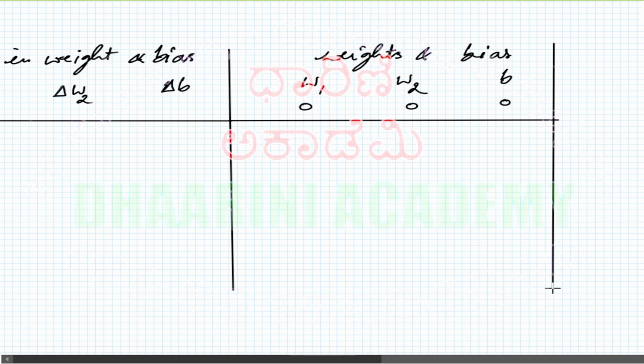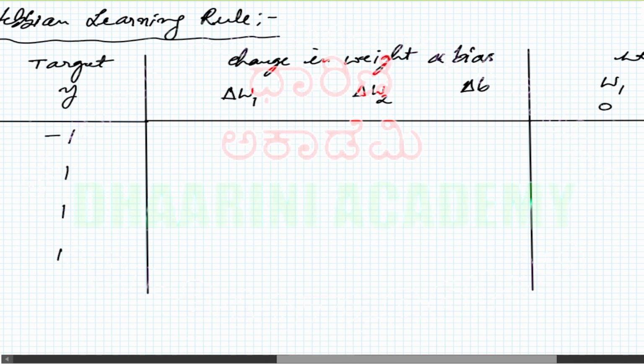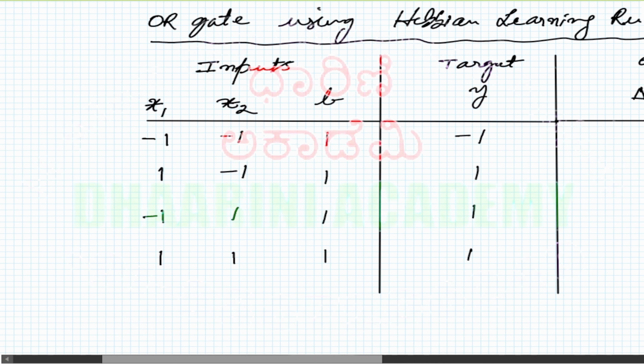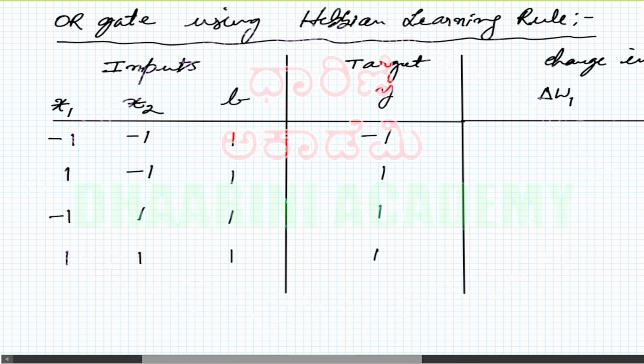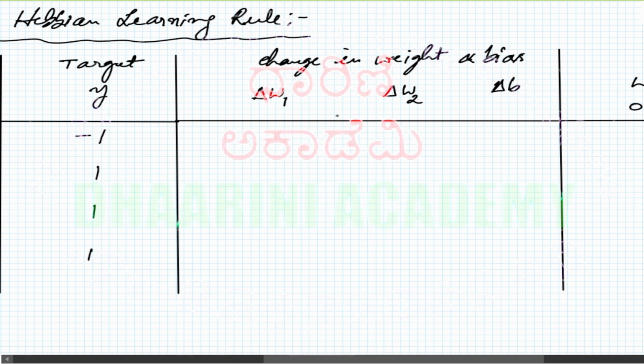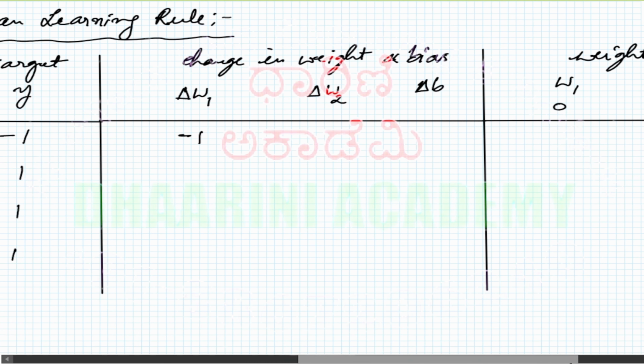X is the input, so the first input into y is the delta. The first input x1 is -1, y is also -1, so we are expecting delta w1 to be -1. Similarly, please calculate the other values.